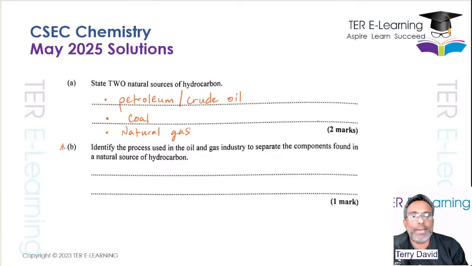This next part here, identify the process used in the oil and gas industry to separate the components found in a natural source of hydrocarbon. So what they're talking about here is fractional distillation.